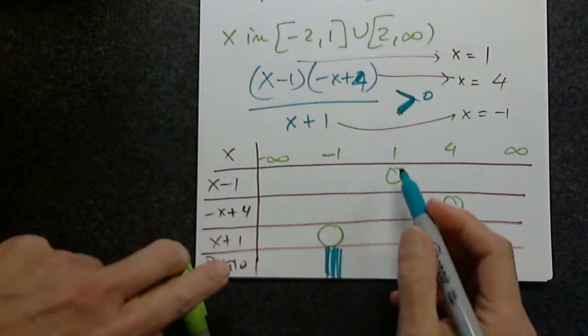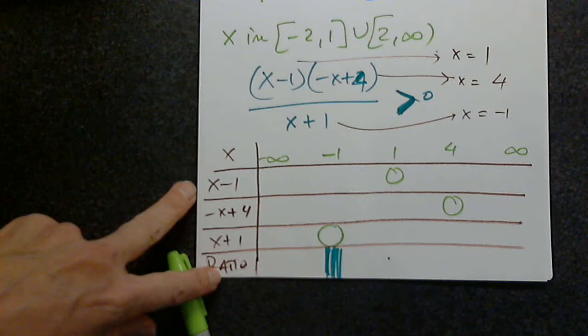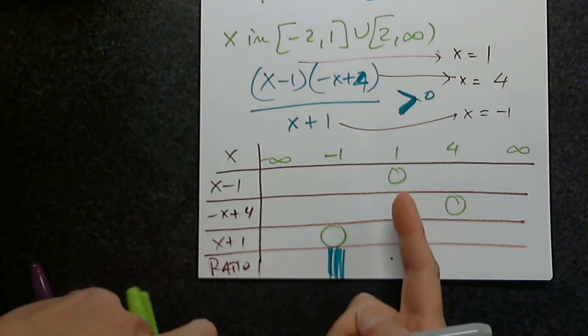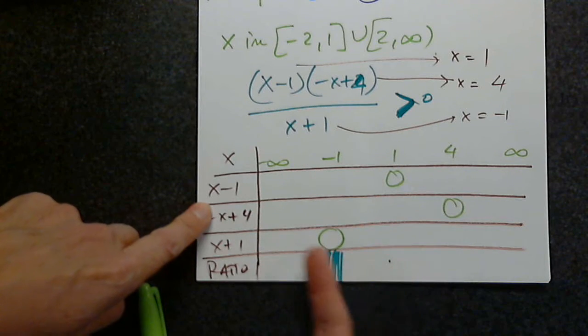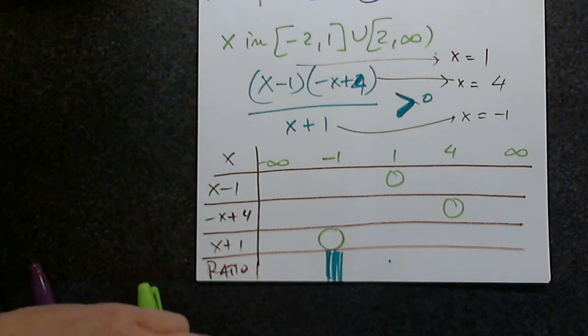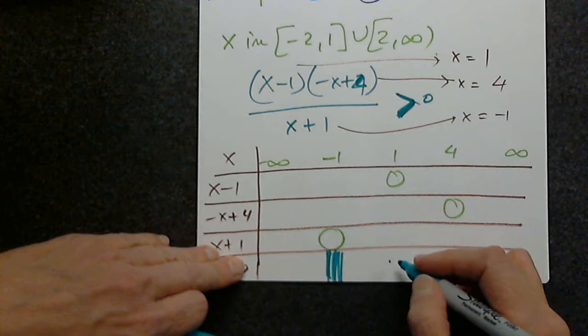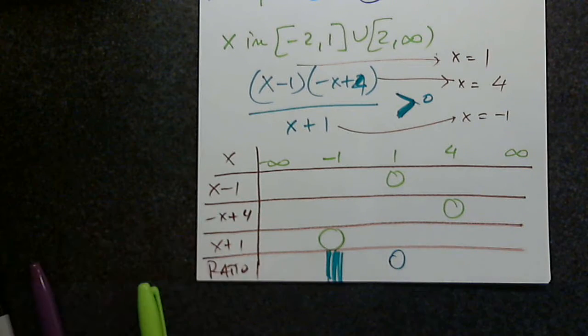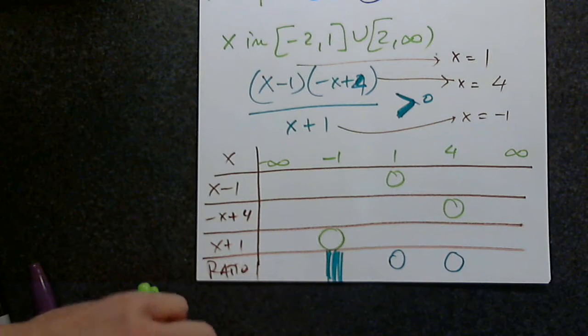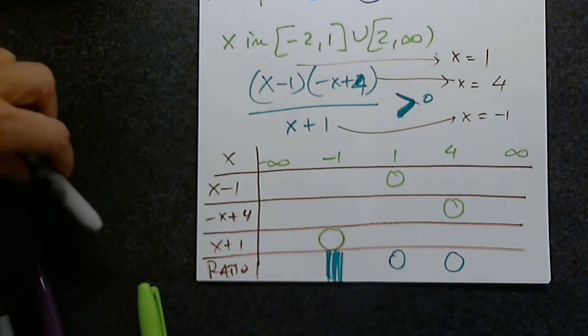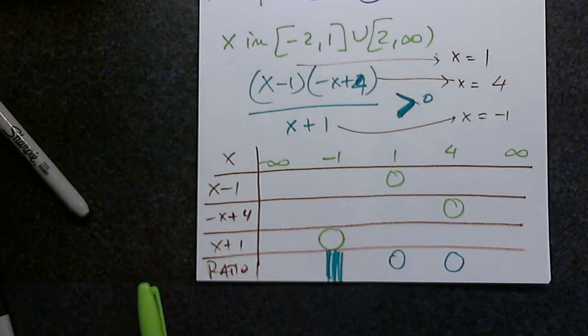So what happens under 1 then? Undefined. Careful. If x minus 1 is in the denominator, then it's going to be undefined. If it's in the numerator, it cannot be undefined. 0. Awesome. And what about 4? 0. Good. This is the only difference from polynomial to rational.